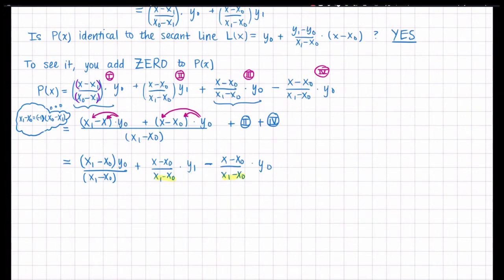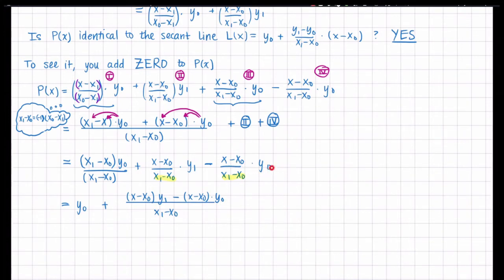And here, let's see, x1 minus x naught, x1 minus x naught, I get cancellation. So I'm just going to go ahead and write a y naught plus the terms that share that denominator, x1 minus x naught. On top I've got x minus x naught multiplied by y1 coming from this. And then I've got the minus x minus x naught multiplied by y naught coming from here.